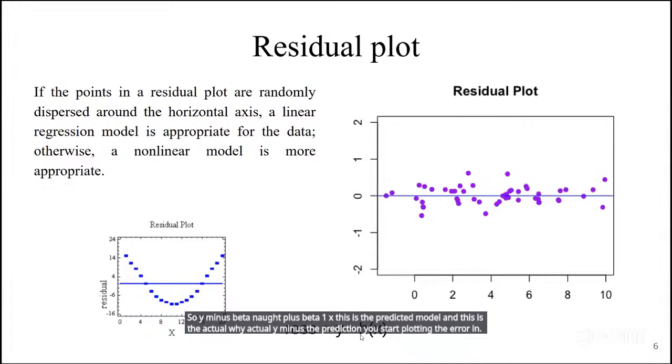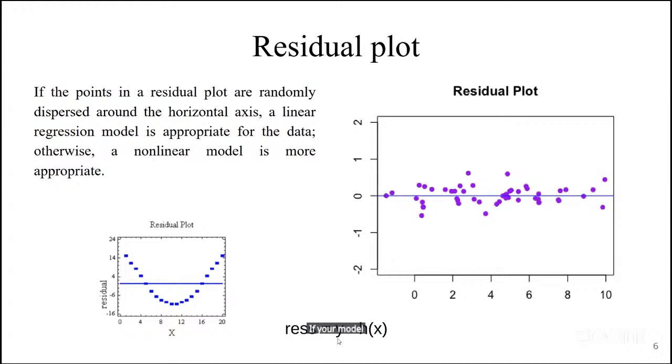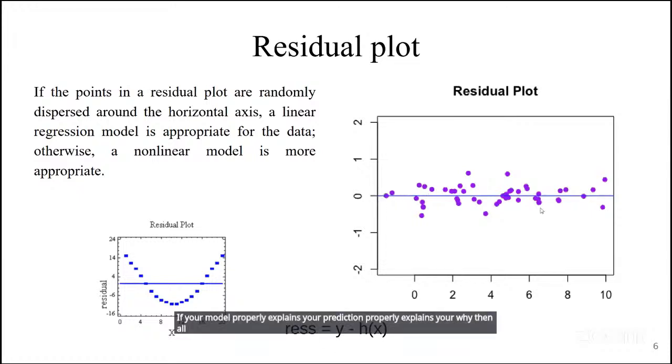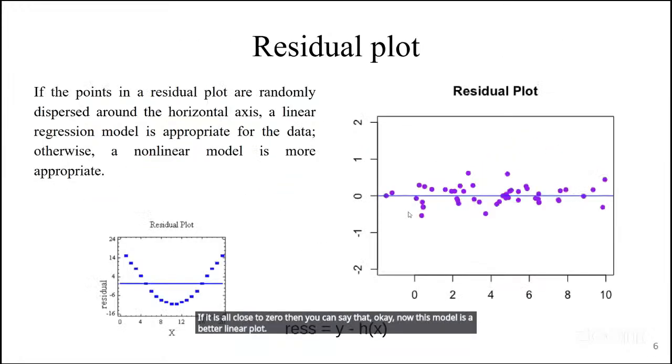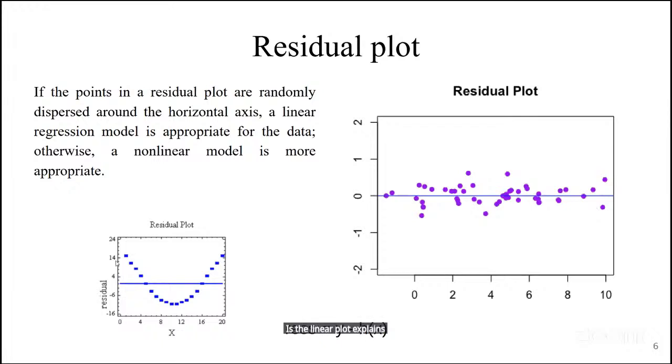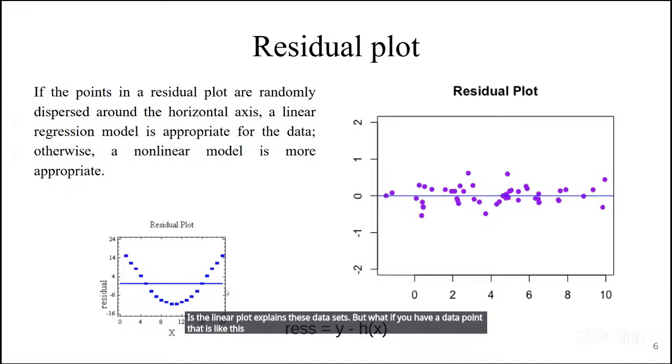If your model properly explains your y, then all your errors should be close to zero, right? If they are all close to zero, then you can say this model is a better linear fit for the data set. But what if your linear line is somewhere here, but your residual error points look like a U shape?